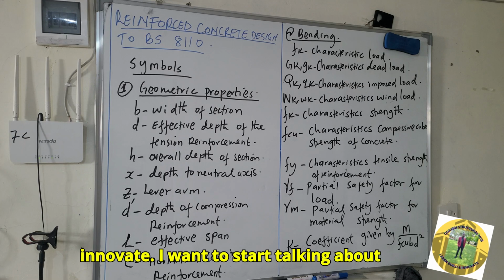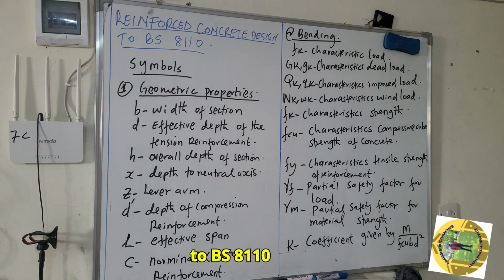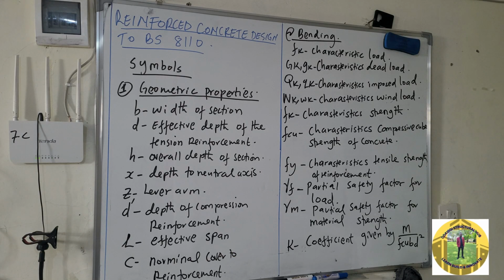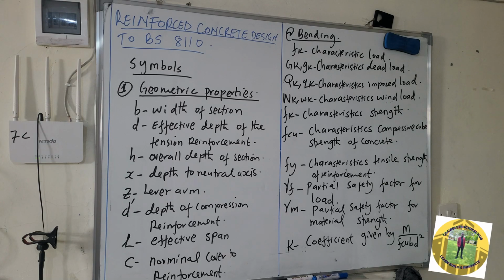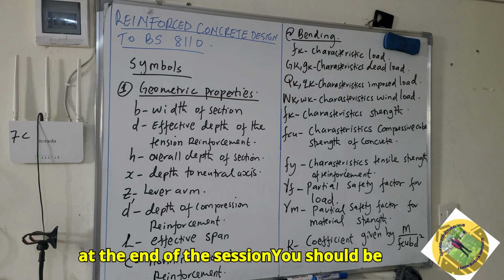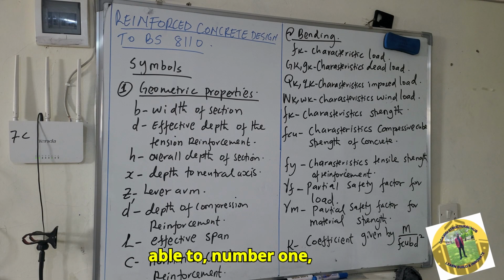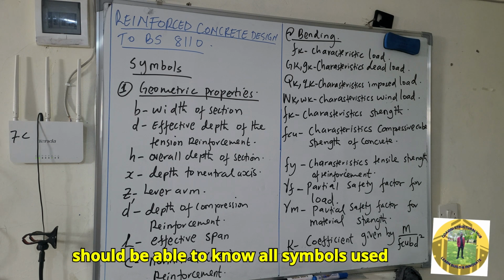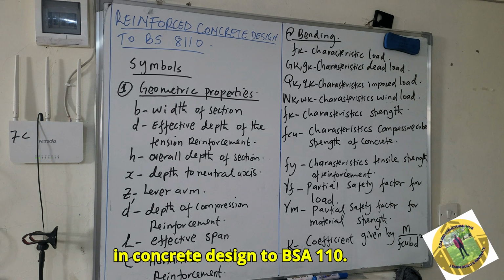I want to start talking about reinforced concrete design to BS 8110. In today's lesson, at the end of the session, you should be able to, number one, know all symbols used in concrete design to BS 8110.